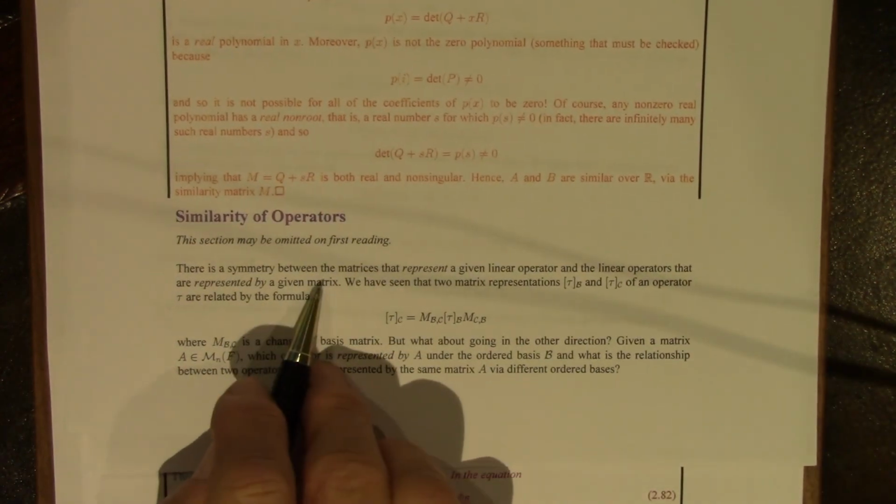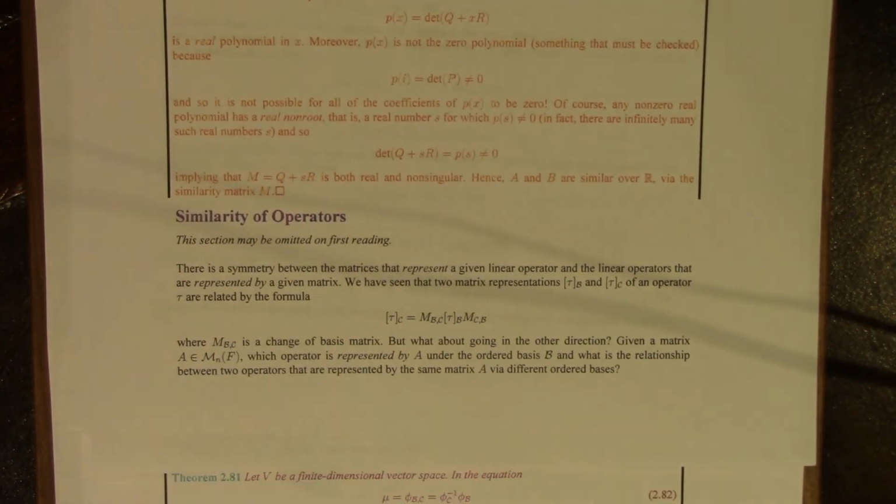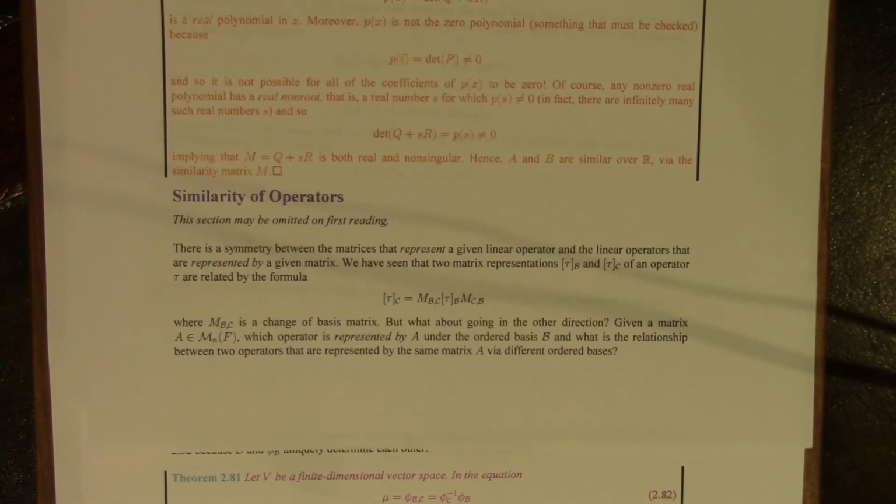There is a symmetry between the matrices that represent a given linear operator, and we've seen those are all similar matrices, they fill a similarity class, and the linear operators that are represented by a given matrix. So it's the opposite point of view.